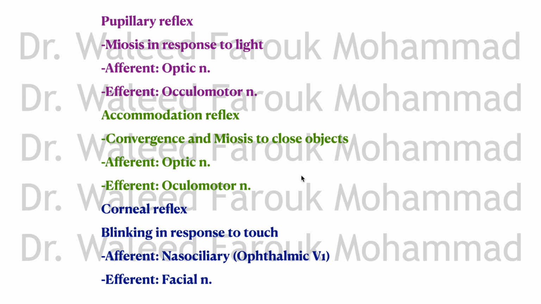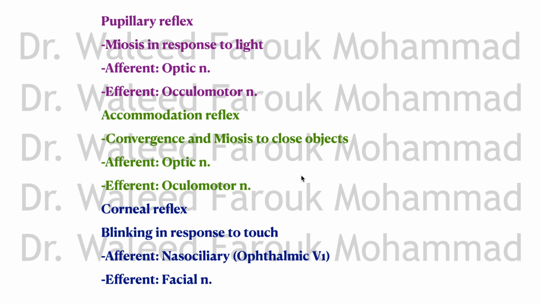Of course, it's the optic nerve, because we are shining light here. And the efferent, who carries the fibers that will exert the reflex action, is the oculomotor, because oculomotor carries the parasympathetic to the eye that's eventually going to supply the constrictor pupillary muscle, okay?